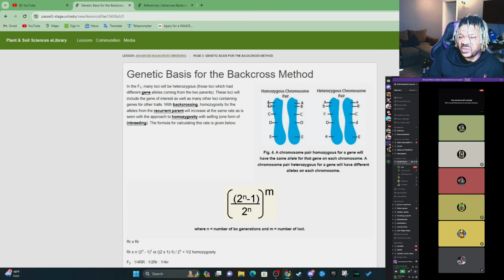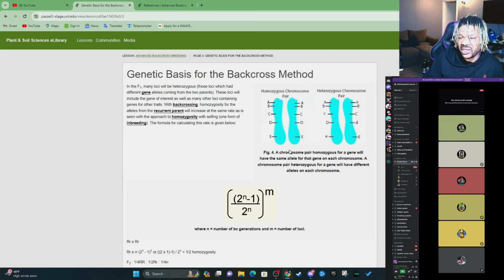If we have two alleles that are identical, like over here, A and A, B and B, and C and C, this is completely homozygous, complete uniformity.